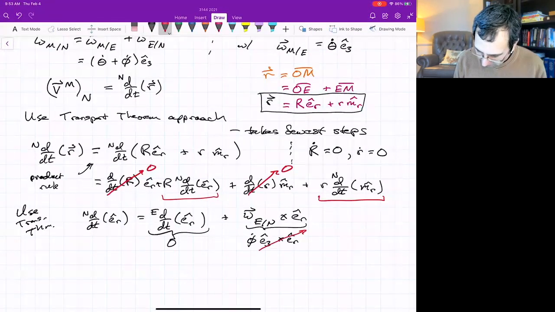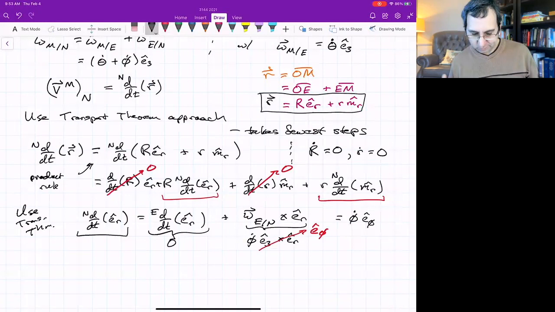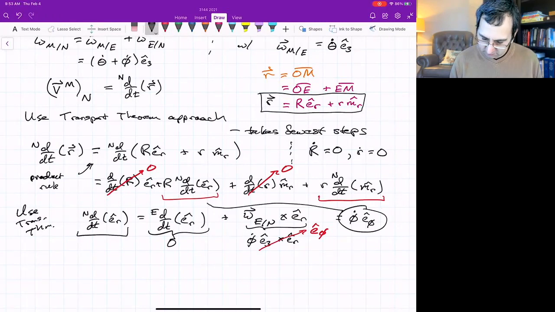So I evaluate that and I get phi dot E phi. It's kind of weird, right? This is the derivative of a unit vector. And we get that, so we would plug this in right here.